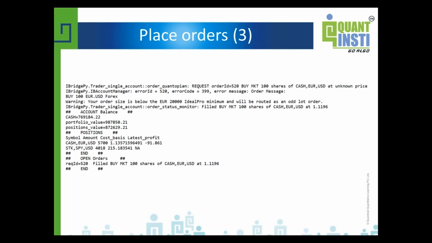That's why it's 5,700. And here you see open orders. Actually, it's order status, including open orders. For request ID 520, the status is filled, which means it's completed. If it's a limit order or stop order, you will see the order status as submitted.